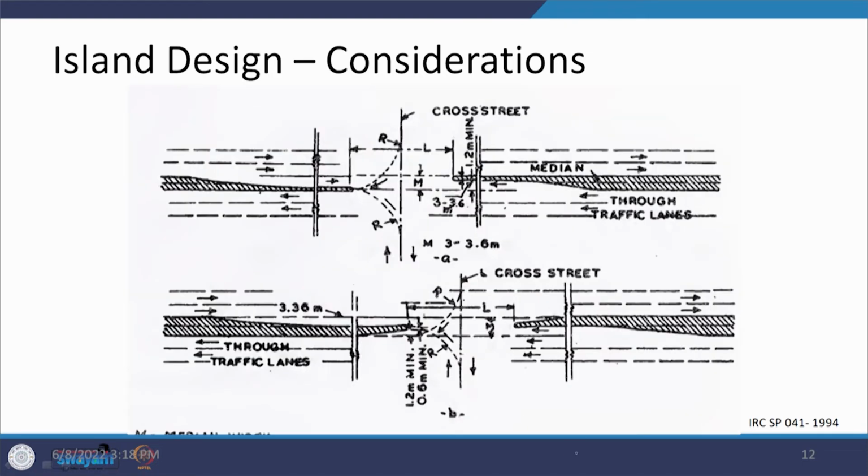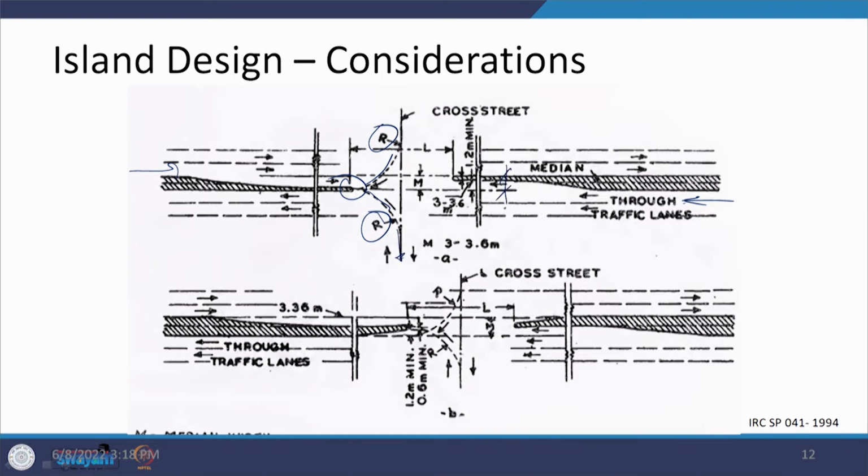which further can be removed. In this case, what you found is that there are two directional right turnings being shown, and with the nose of these islands, the radiuses have been taken care of. So, you have this turning radius being provided, and this radius should get into the center line of the cross street.